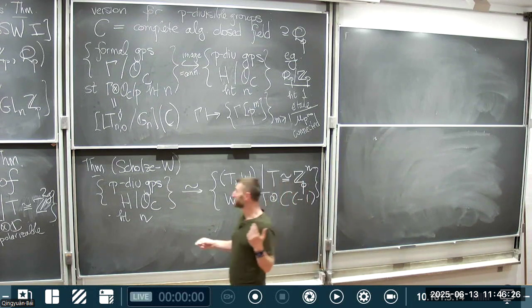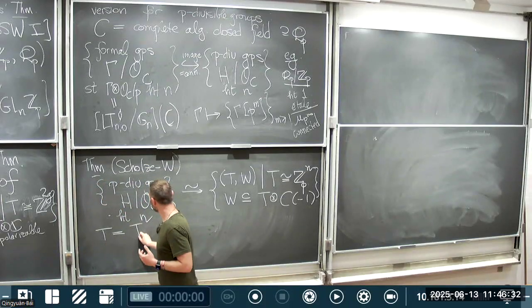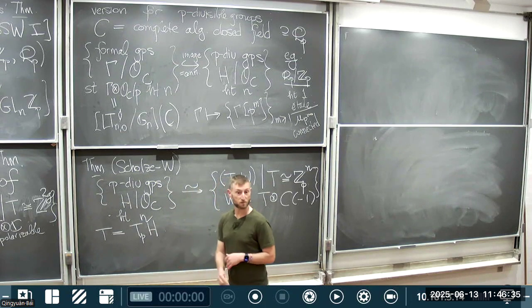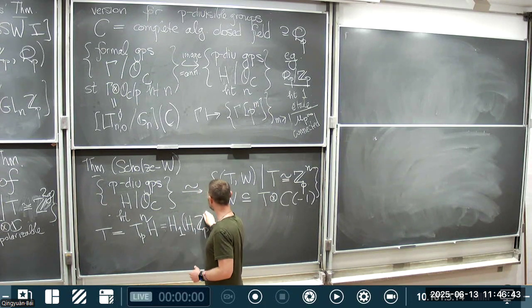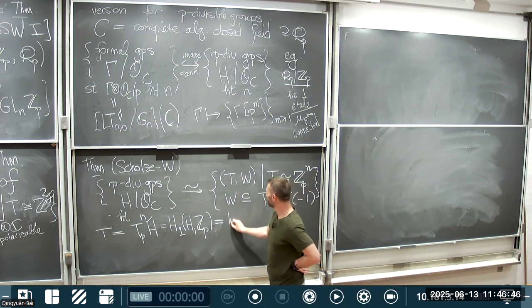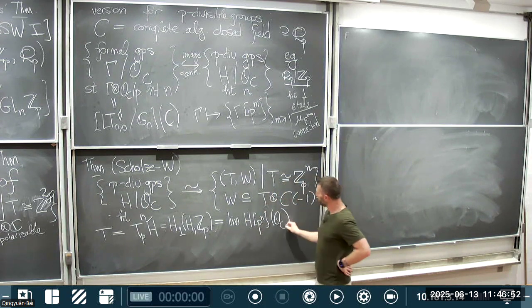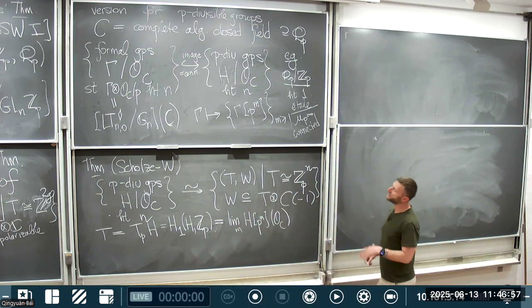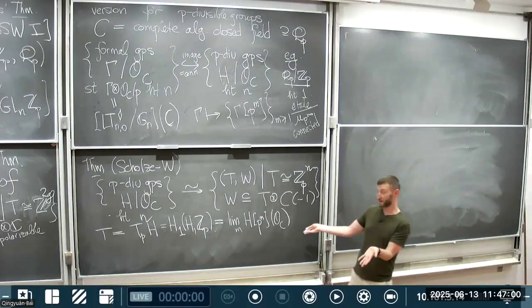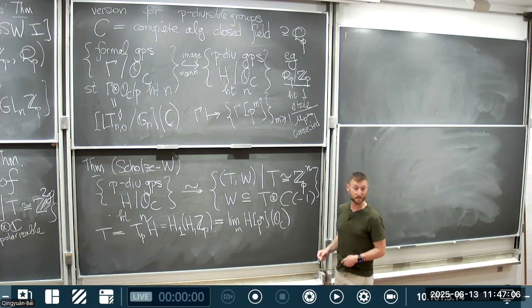What's the T and what's the W? Okay. I mean, it's rather similar. If I have a p-divisible group H, there's always a Tate module. And in some sense, it's the homology group of H with Z_p coefficients, maybe an ad hoc definition of this: the limit over n of the points of the constituent layers of H. So this is the Tate module of H, and this is going to be free of rank n, essentially by definition of height.